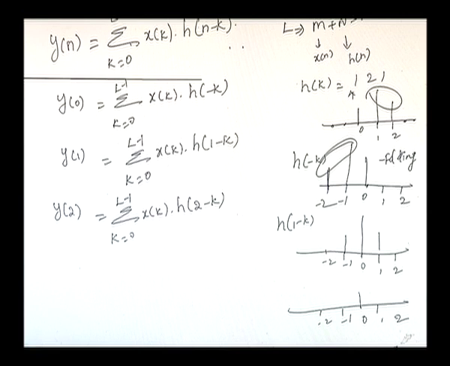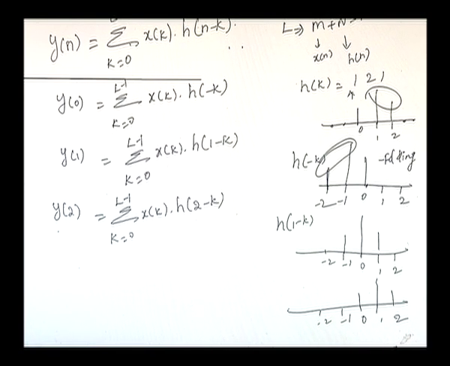For n equal to 2 you have to find y of 2. y of 2 is equal to summation of k equal to 0 to L minus 1, x of k h of 2 minus k. So, one more shift, and at 0 the value is 1, at 1 the value is 2, at 2 the value is 1. This is the way we generate values till the length of the y of n sequence.